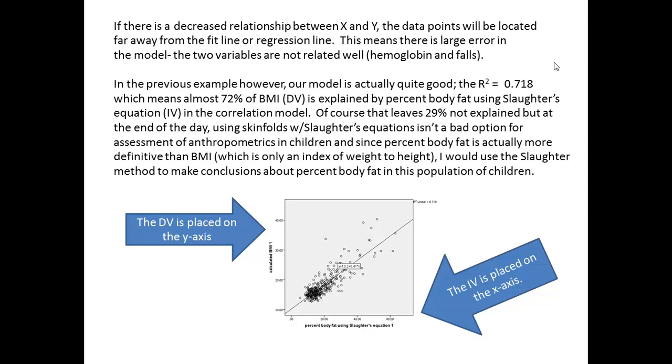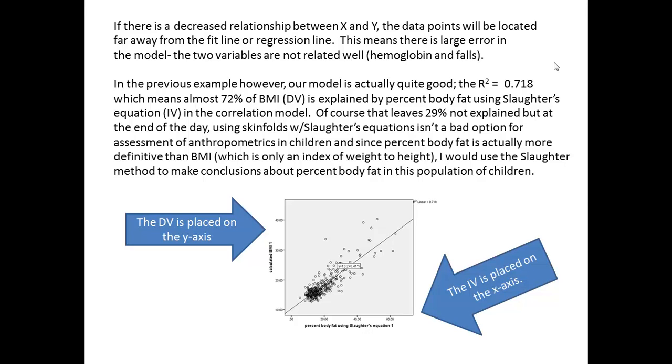So as I said, in the previous example, our model is actually quite good with an R square of 0.718. Almost 72% of BMI is explained by percent body fat using Slaughter's equations.